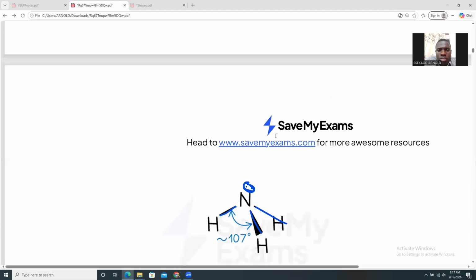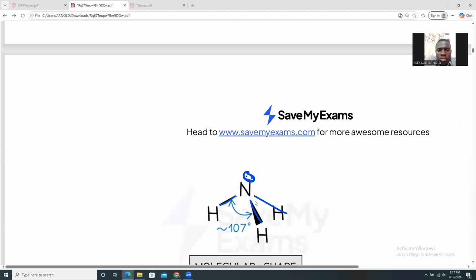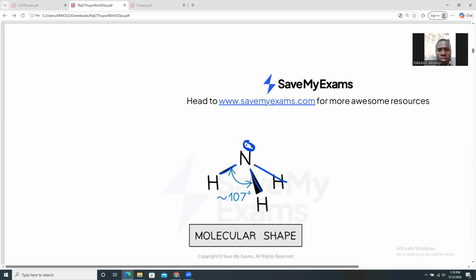How is it formed? It is formed when you have 3 electronic groups and 1 lone pair. 3 plus 1 gives 4 electronic groups. You have 4 things, which should be tetrahedral, but in particular, the shape becomes trigonal pyramidal.